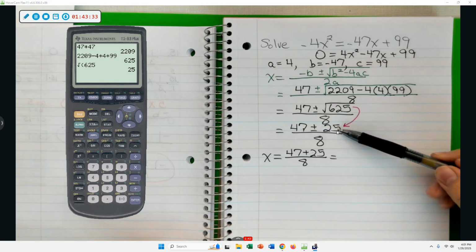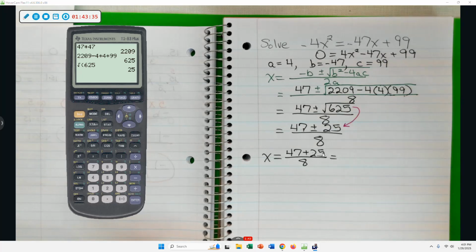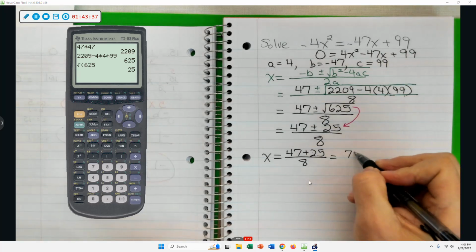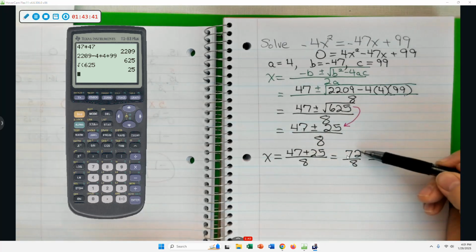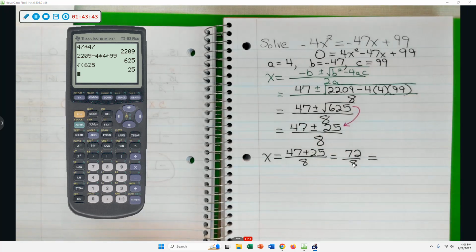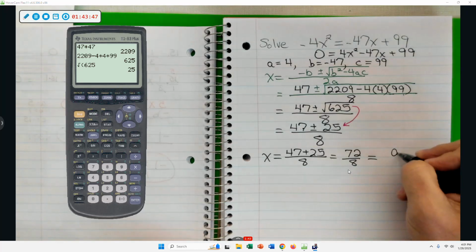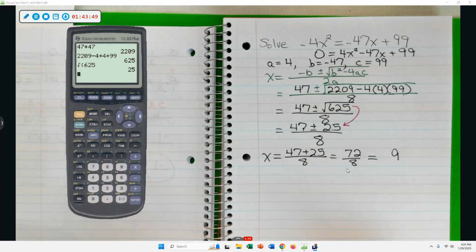47 plus 25, is that a 72 all over 8? Hey, this works out real nicely. What's 72 divided by 8? 9. Okay, so we found one of the solutions.